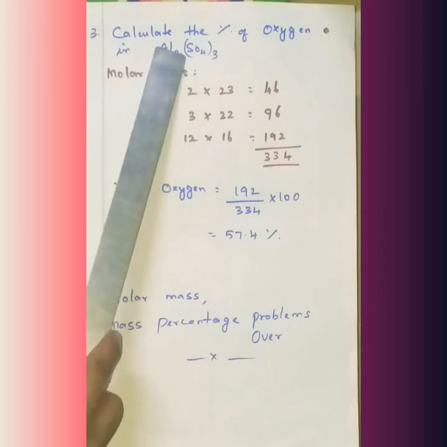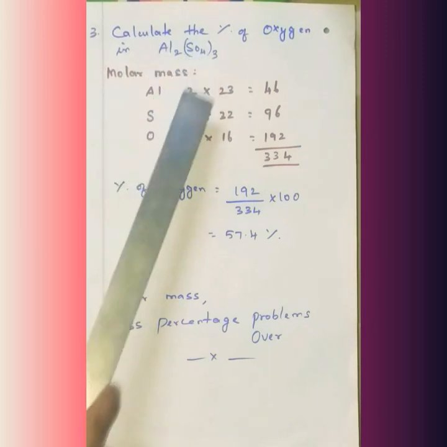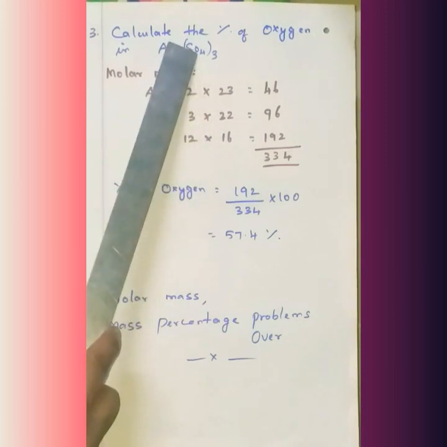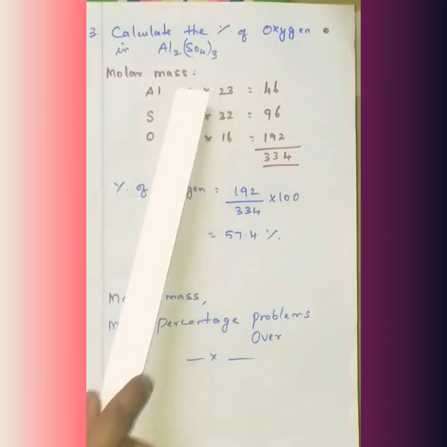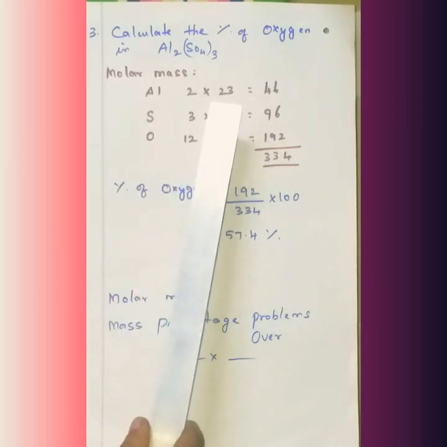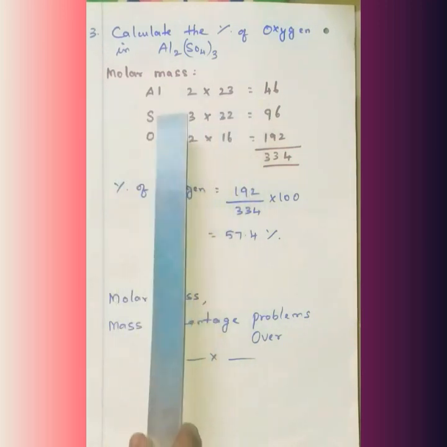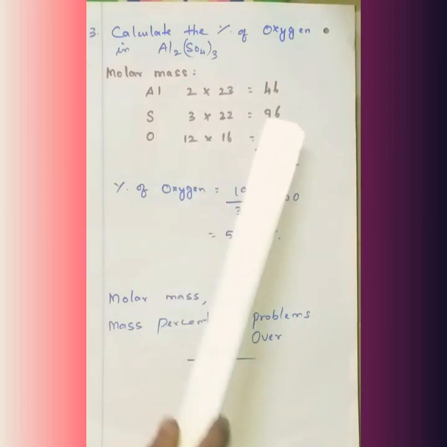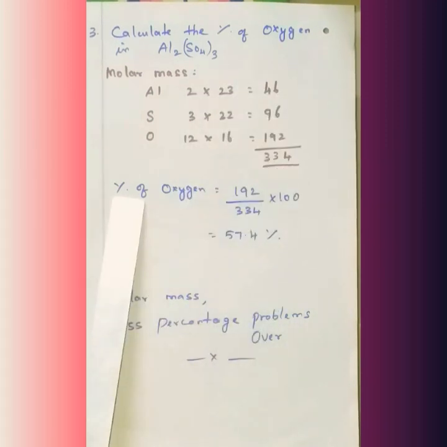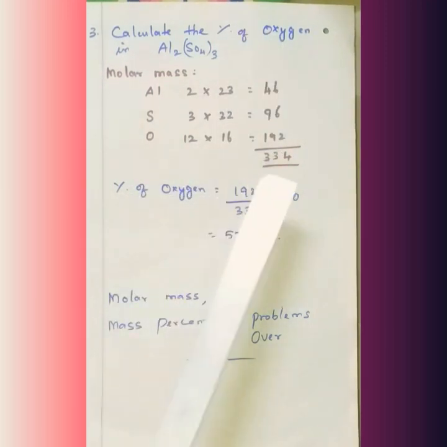So 2, then 1 sulfur, and outside the bracket 3, so 3 into oxygen. Inside 4, outside 3, so you multiply: 4 threes are 12. Now multiply these atomicities by atomic mass. Aluminium atomic mass is 27, sulfur 32, oxygen 16. So we multiply and get 342. Now the percentage of oxygen alone is asked. So percentage of oxygen equals 192 divided by 342 into 100. If you simplify, we get 56 percent.